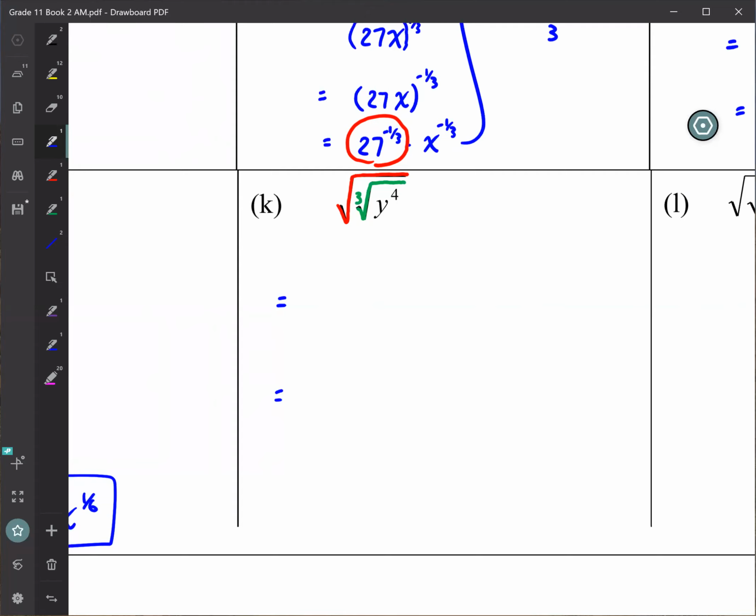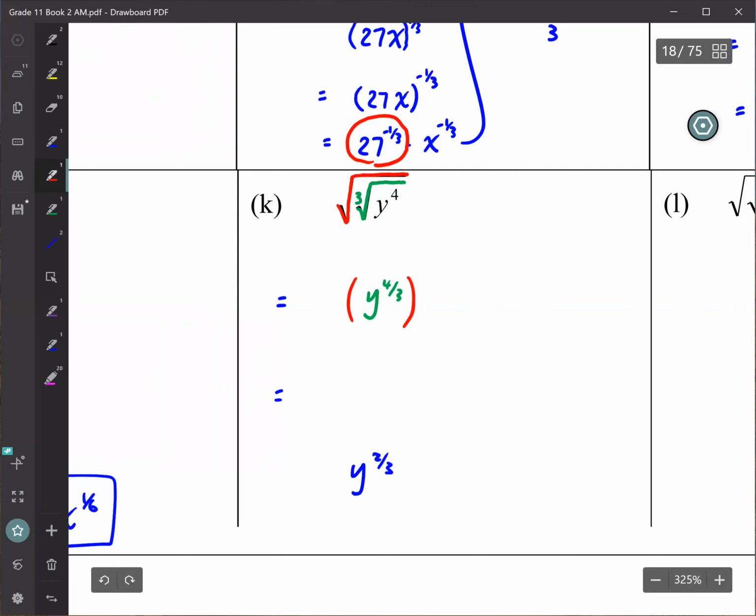Okay, Brandon, what's your final answer look like? Y to the power of 2/3. Okay, let's go over that together. For the green part, I will rewrite with the green: y to the 4/3, because the index is the denominator. And for the red one, it's the second layer.